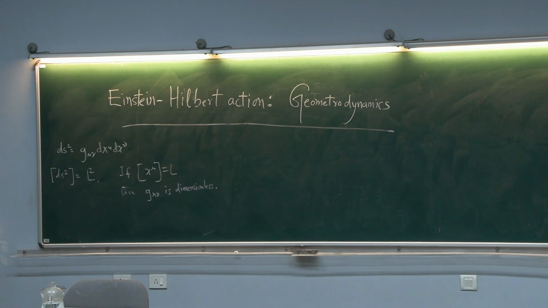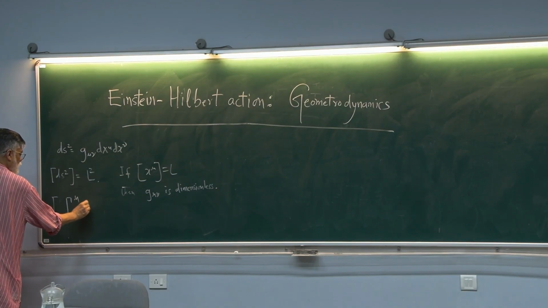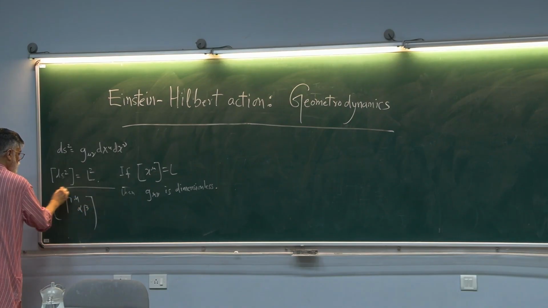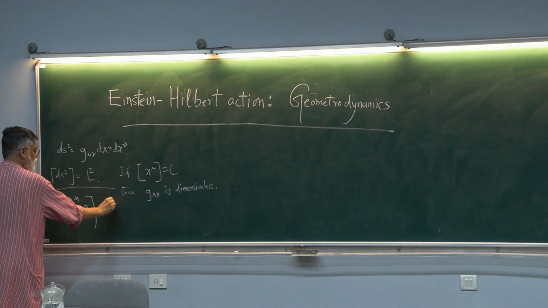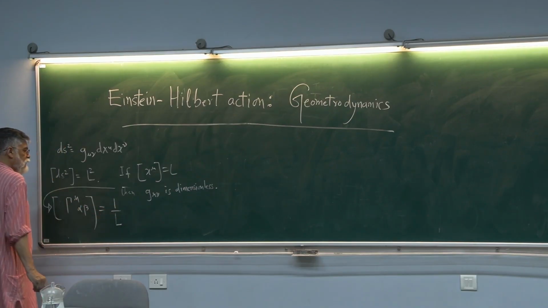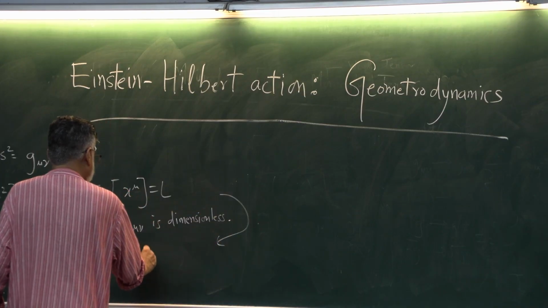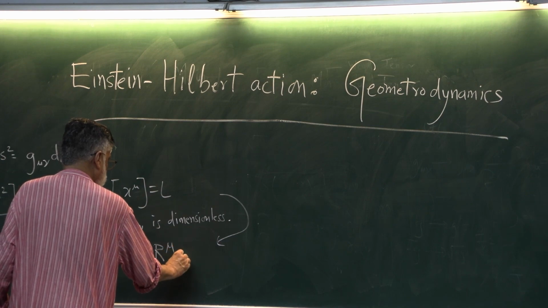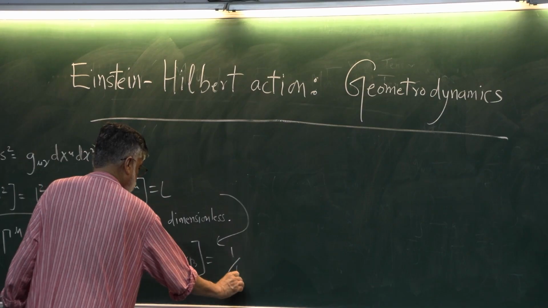That immediately tells me the physical dimension of the Christoffel symbols. If this is true, then the physical dimension of the Christoffel symbol is what? 1 over L, because it's a derivative. And all these tell me the physical dimension of the Riemann tensor is what? 1 over L square.